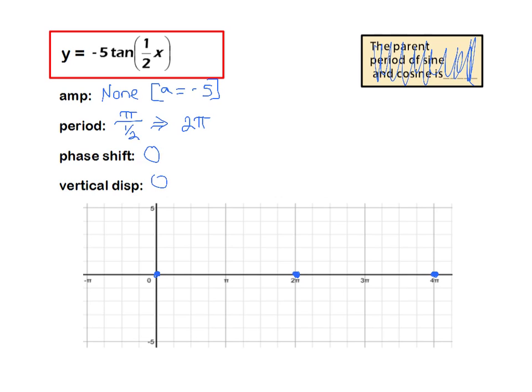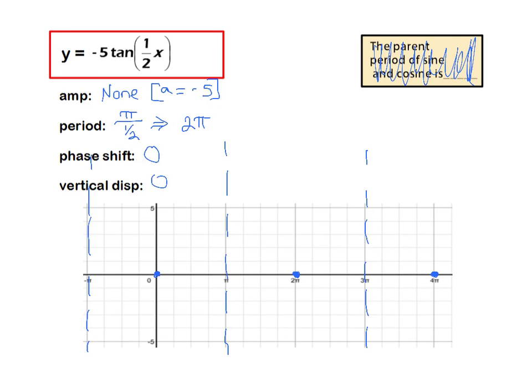If you're looking at your parent graph, you can see that between the intercepts, you have asymptotes. So find that place and put in asymptotes. And then we're pretty much ready to sketch that wave. The only thing we have to watch out for is that this A value here is going to do some things.